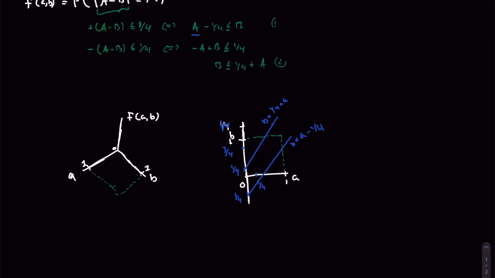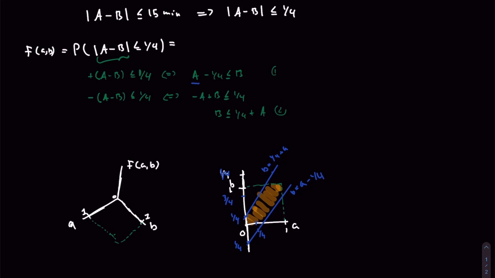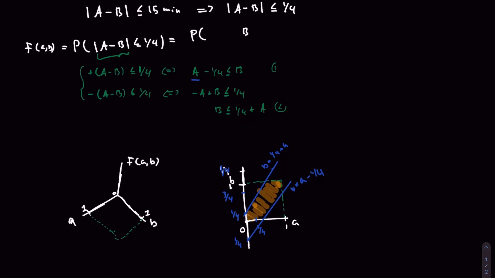Okay, so what does this region mean? This region here is the event of interest, everything within that. This can be seen if we write out this probability, combining all this information. We have that b must be larger than this and less than this, a minus 1/4.